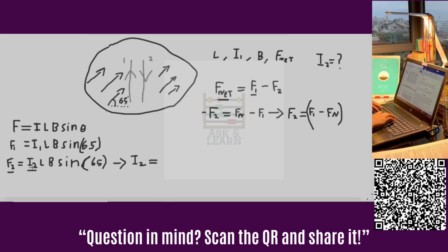So we want I2, that means we have to divide by all of this stuff. So we have F2, which we have solved for here, is simply F1 minus F net. I'm just going to keep it as F2 for now, divided by all of that: L B sine of 65.